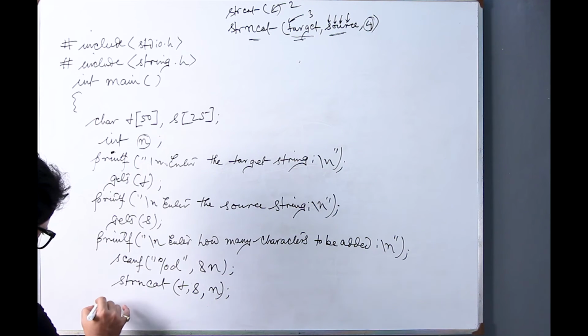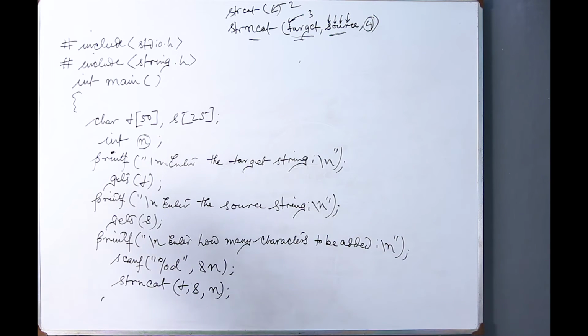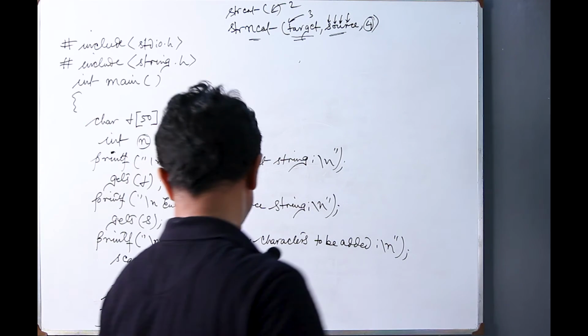After that we will print the target string: puts(t), then return 0, and the main section ends with the closing brace.